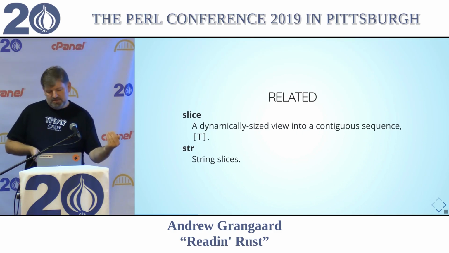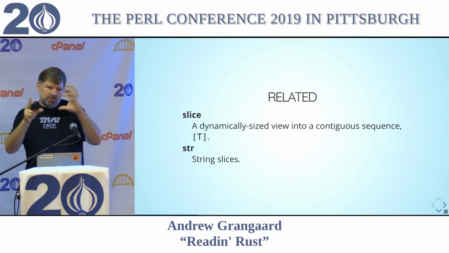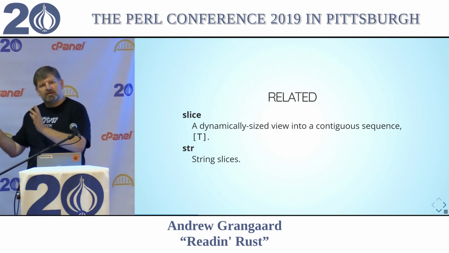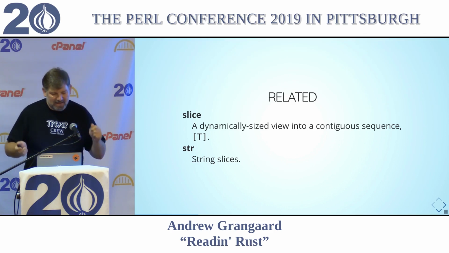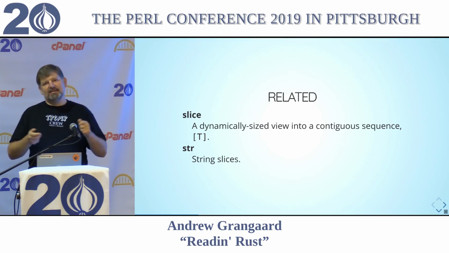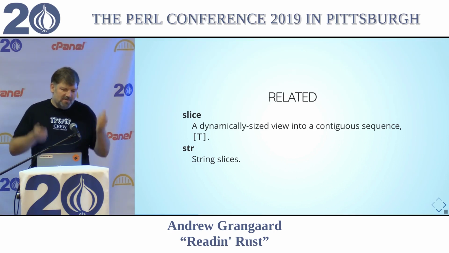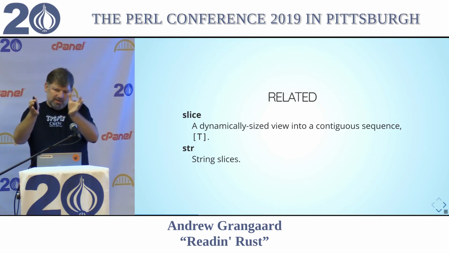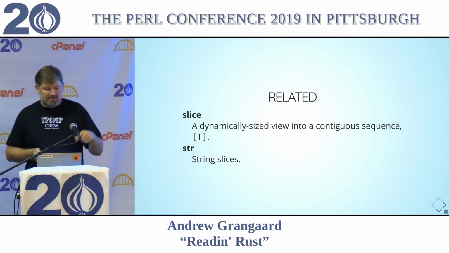Related to those, you have slice, which is a dynamically sliced view into an array or other indexable system. So you use slices everywhere, or more likely a slice reference. We'll get to those. So if you have an array, you can borrow a slice of it, do some things with it, and then put it back. And a str is a slice of a string. And there's 2 string types.